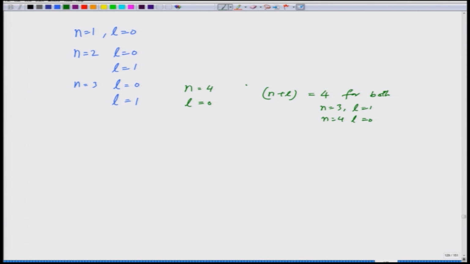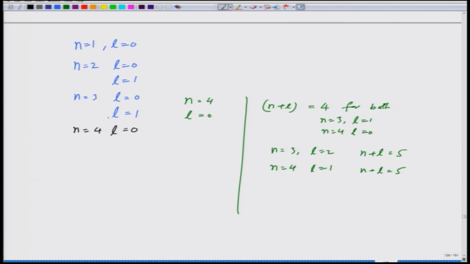Now, how about n equals 3, L equals 2? n plus L is 5, but n equals 4, L equals 1, n plus L is again 5, right. So, let us see now, we are going to first fill n equals 4, L equals 0 level, and after that I am going to fill n equals 3, L equals 2 level.